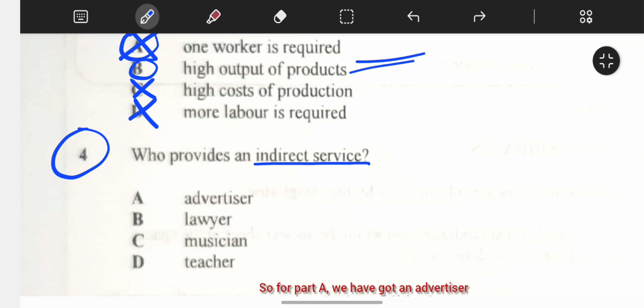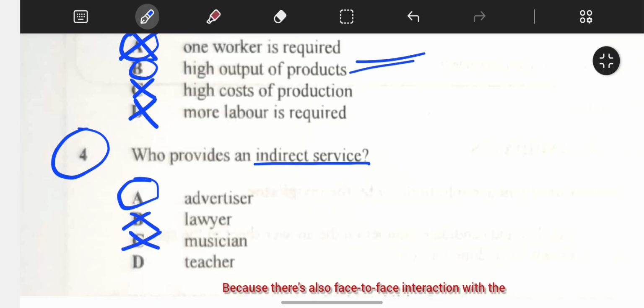For part A, we have an advertiser, which might be the answer here, because it is part of an indirect service. Okay, let's also read the other answers. We also have a lawyer. A lawyer is a direct service. Why? Because there is face-to-face interaction with the client. Then a musician is also wrong. Why? Because there is also face-to-face interaction with the client.